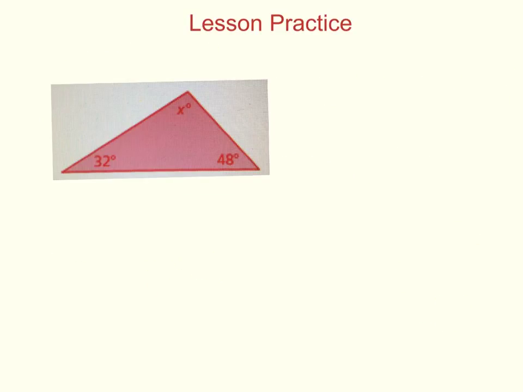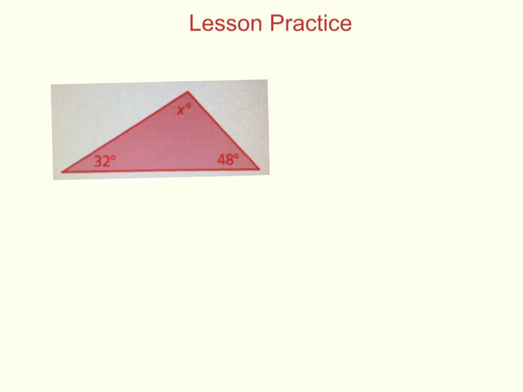All right, so now that we know that interior angles are on the inside, and we know that all three interior angles of a triangle equal 180, we can go ahead and start practicing and finding missing angle measures given certain data.